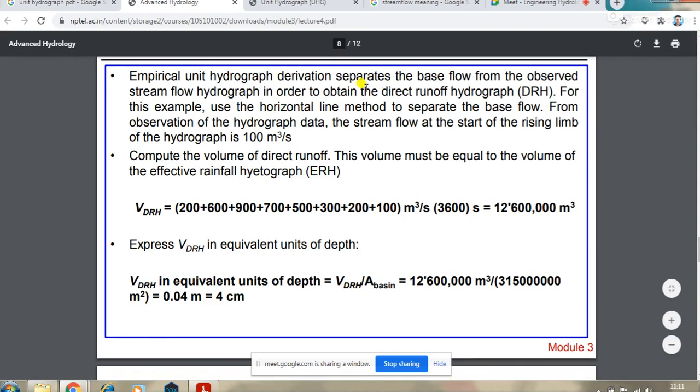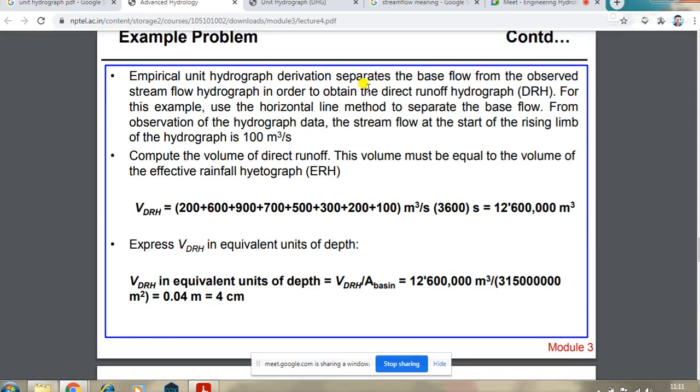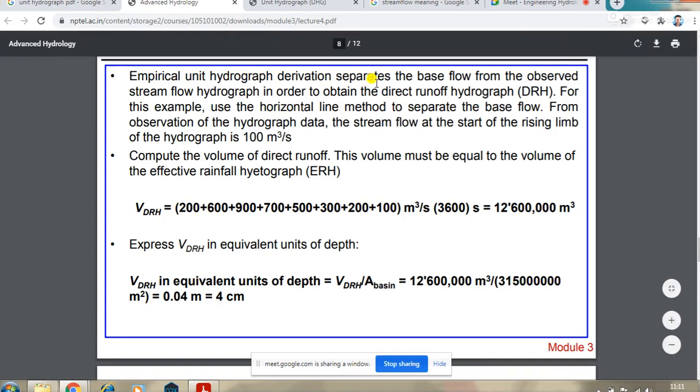For example, use the horizontal line method to separate the base flow. From the observed hydrograph data, the stream flow at the start of the rising limb is 100 meter cube per second. In the given values on the previous page, I will show you.